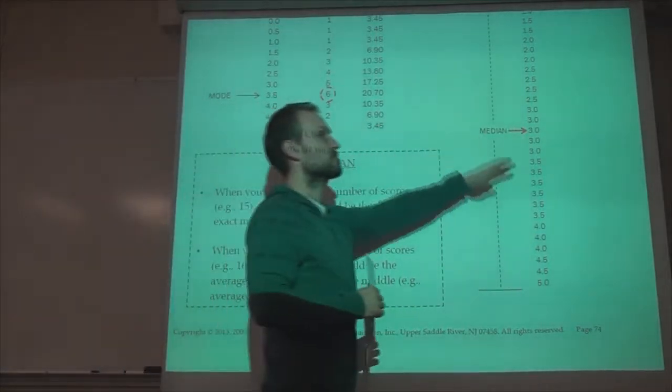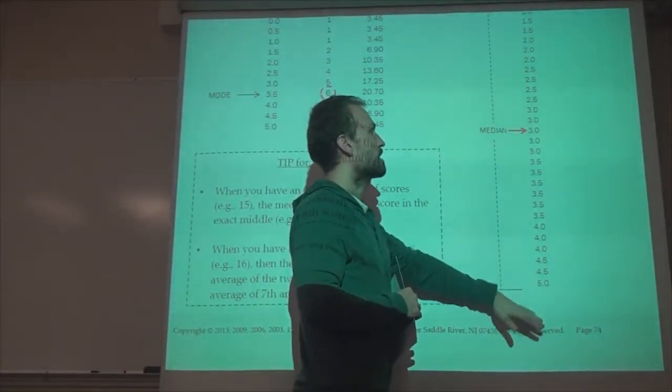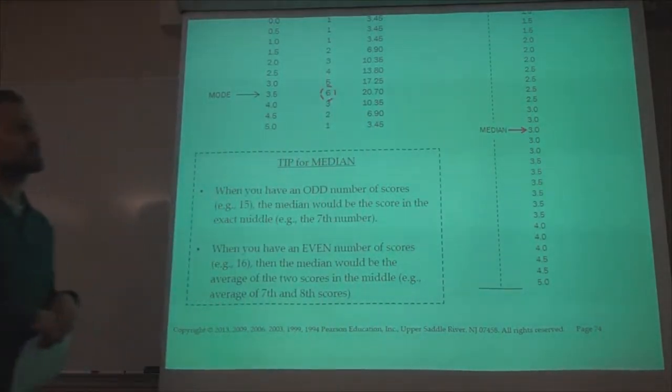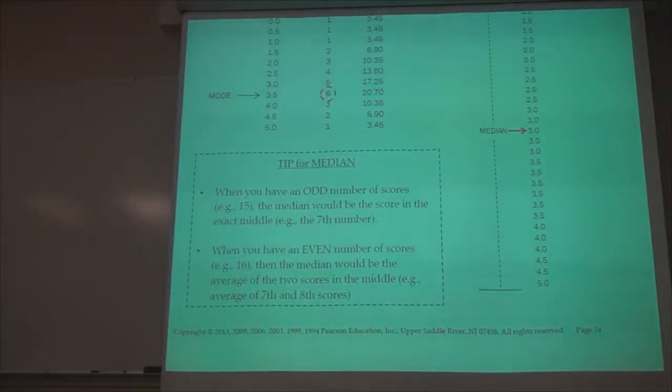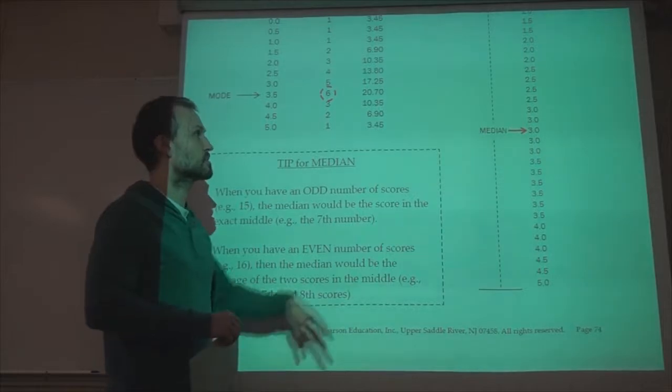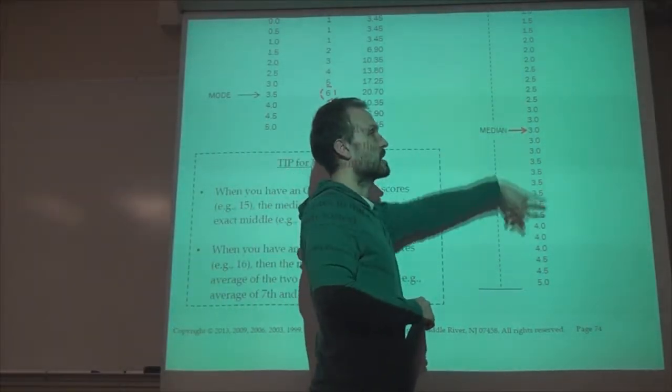So if I have 29 scores, I add 1, which is 30, divided by 2, and it gives me the number 15. And I can intuitively verify that 15 is the middle, because I need to have 29.